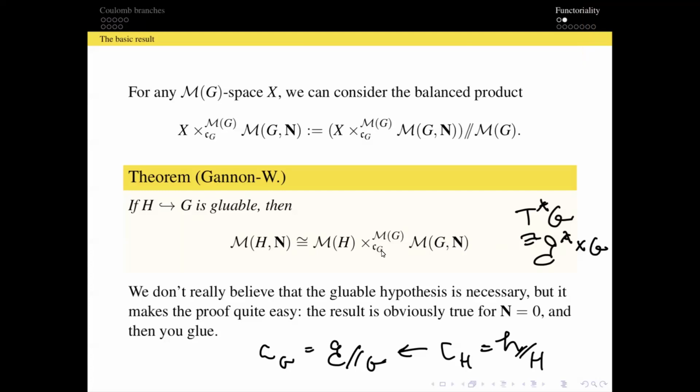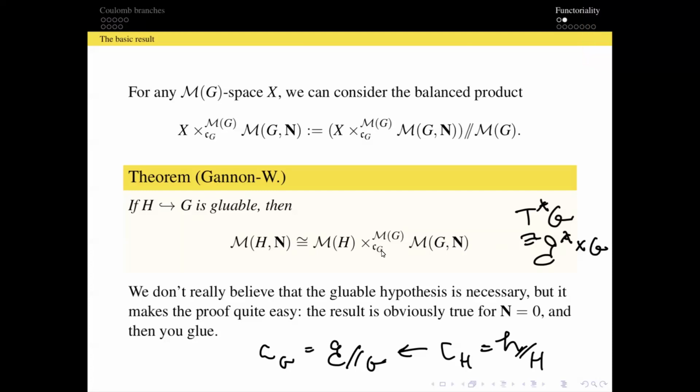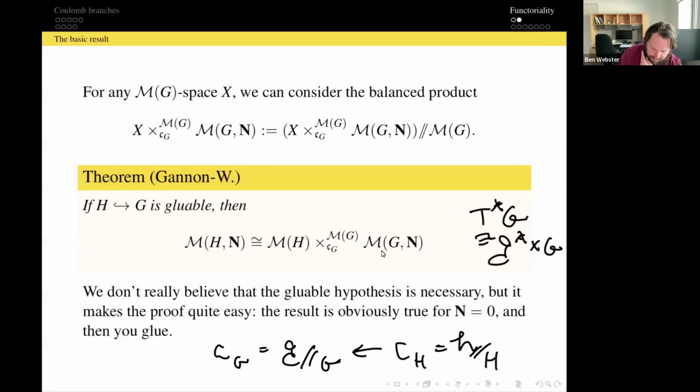So it ultimately comes from the fact that there's an inclusion of GUR of H into GUR of G.